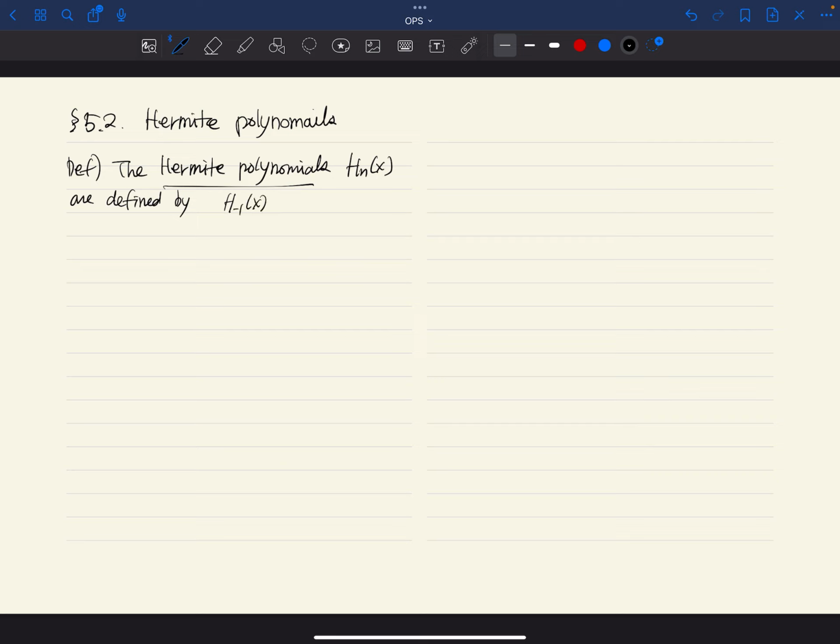H0 is 1, H1 is 2x, and Hn plus 1 of x equals 2x times Hn of x minus 2n times Hn minus 1 of x for n greater than or equal to 1.